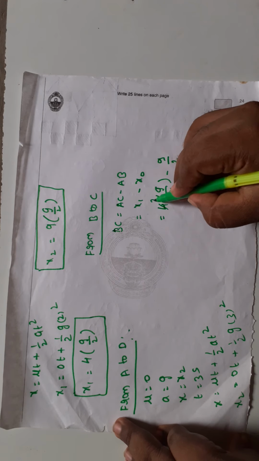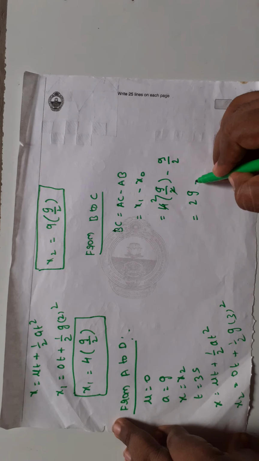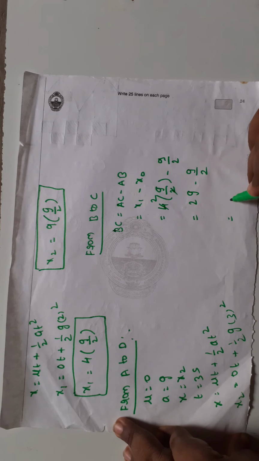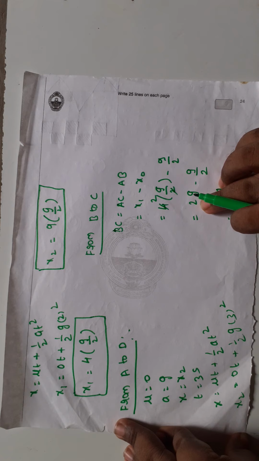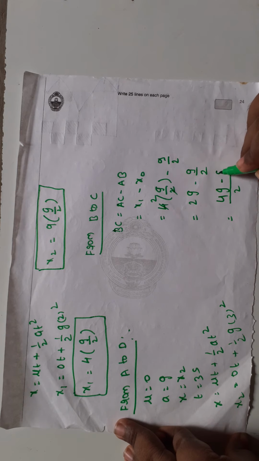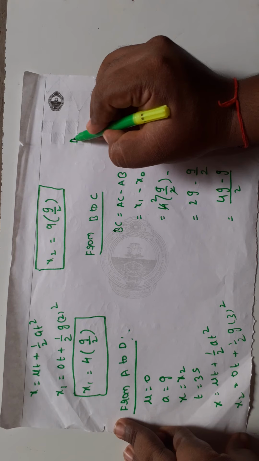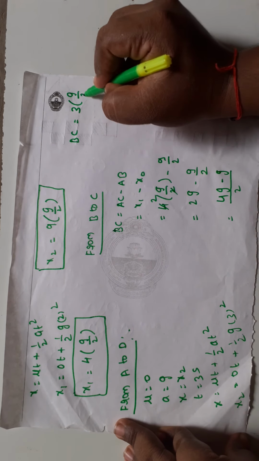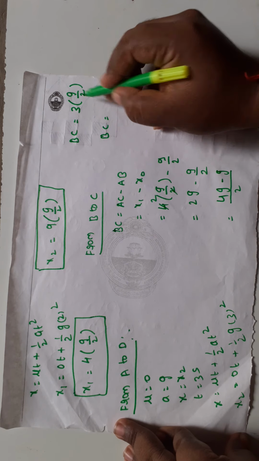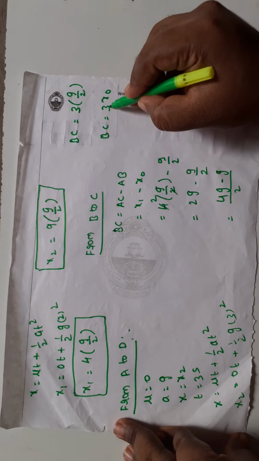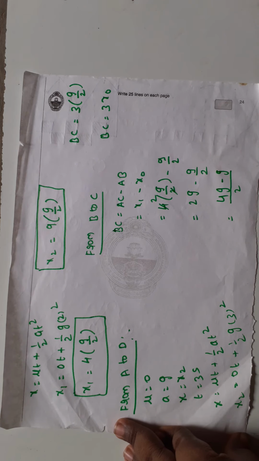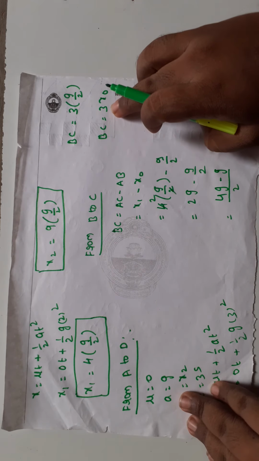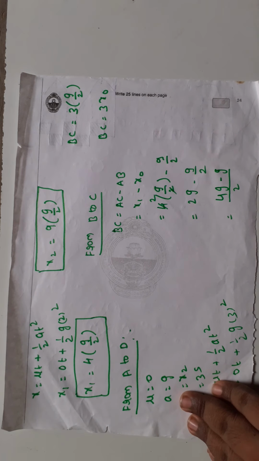Here how many times gets cancelled? 2 times. 2g minus g by 2. Here LCM is 2. So 4g minus g. BC equals 4g minus g, 3g by 2. So 3g by 2 means 3 x naught. So the B to C distance is 3 x naught.